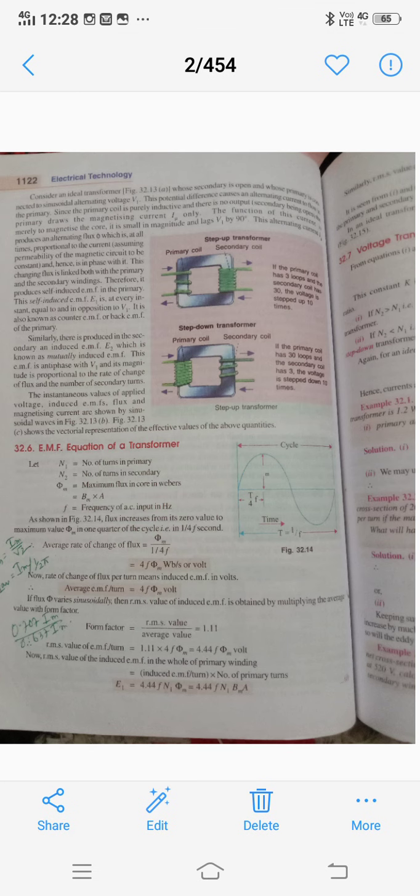So E1, the induced EMF on the primary side, equals 4.44 f N1 phi m. N1 is included because the above is the EMF for a single turn, so for N1 turns we get the total EMF generated.